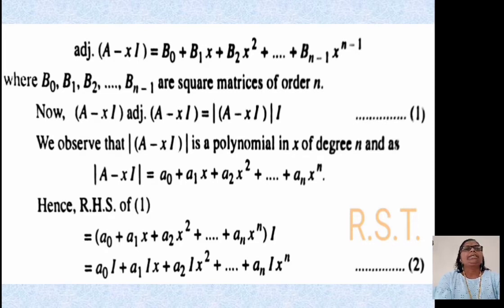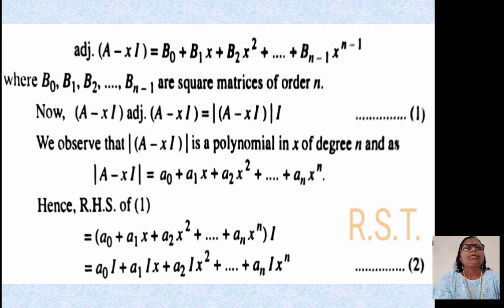Hence, the RHS of equation 1 is determinant of A minus xI into I, which is equal to, in bracket, a0 plus a1x plus a2x squared plus last term an x raised to n, bracket complete, into I. I means identity matrix of order n.